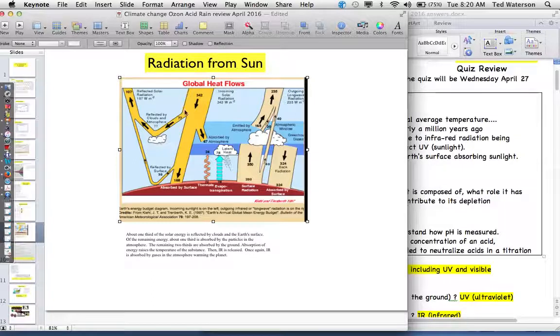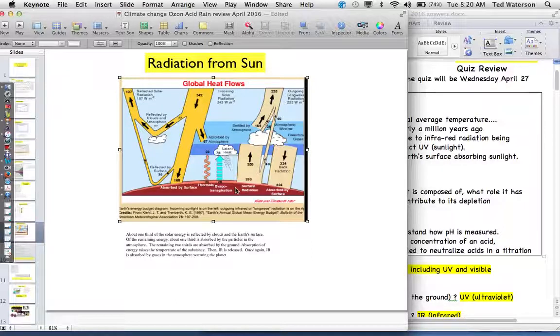So some of it's reflected by the clouds. A lot of it's absorbed by these layers of our upper atmosphere, especially all these harmful types of radiation. A lot of those harmful types never really reach the surface.